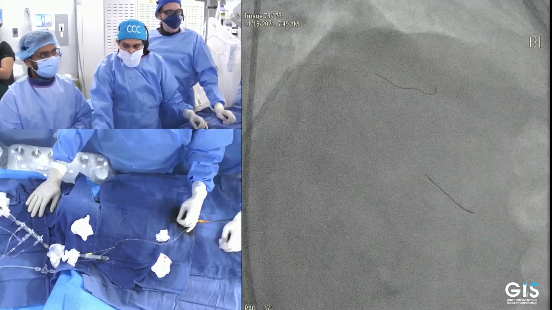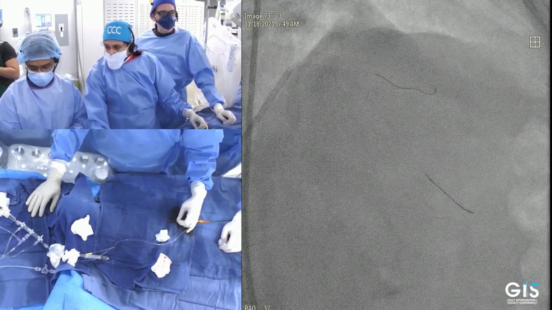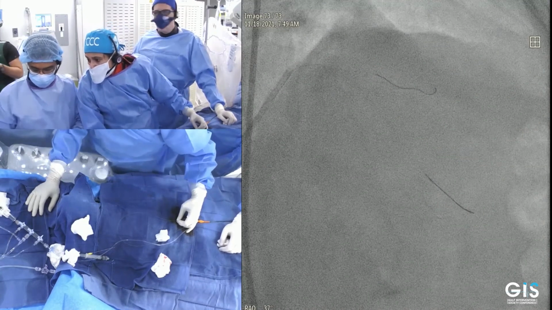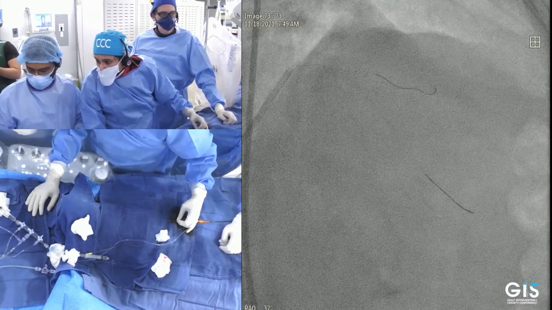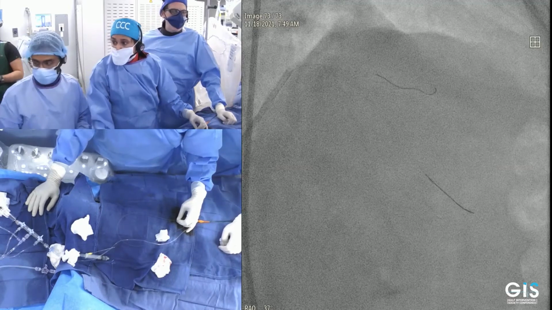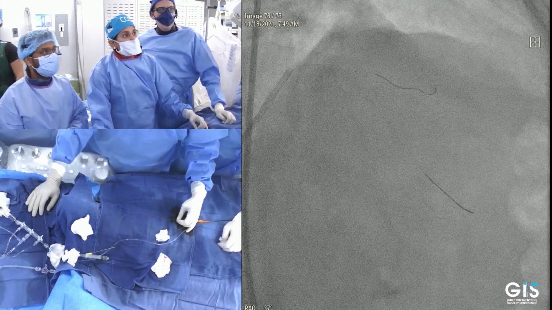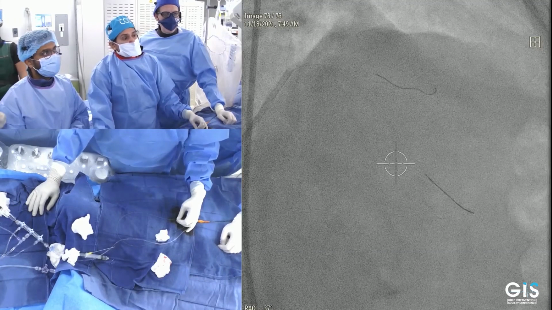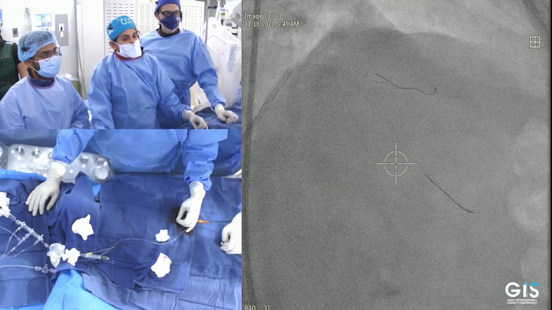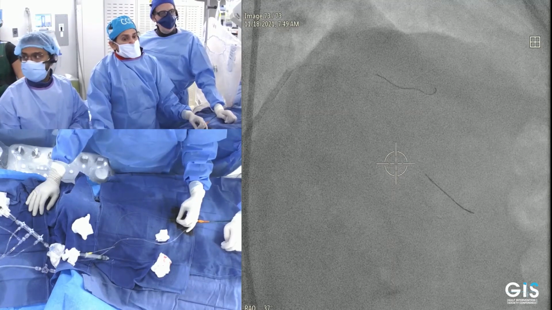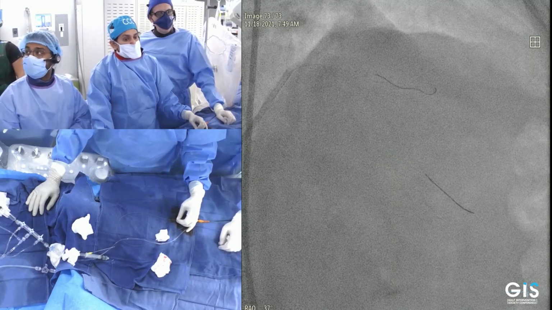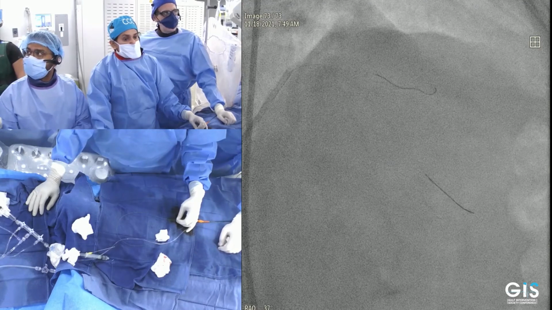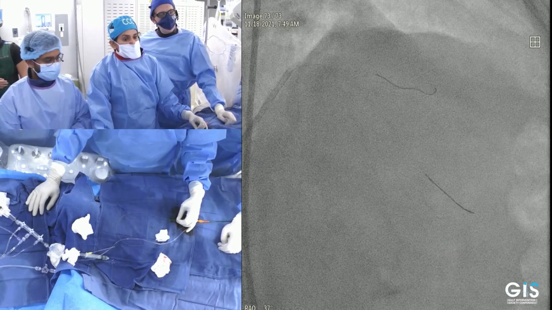So we size the balloon to the distal reference according to the OCT, which was 3.0. The proximal reference was 3.5. So we took the 3.0 balloon at 20 atmospheres in the proximal LAD segment, and then at 10 atmospheres across the diagonal a little bit in the mid LAD segment.